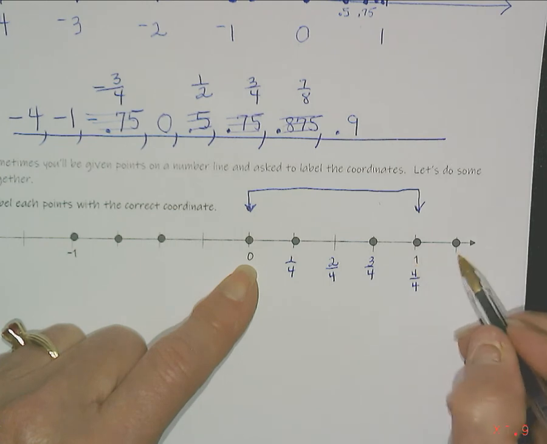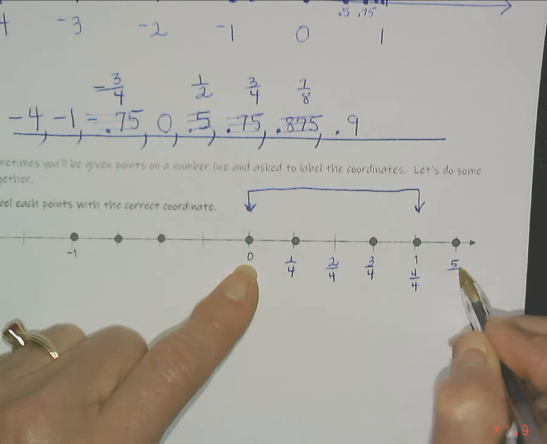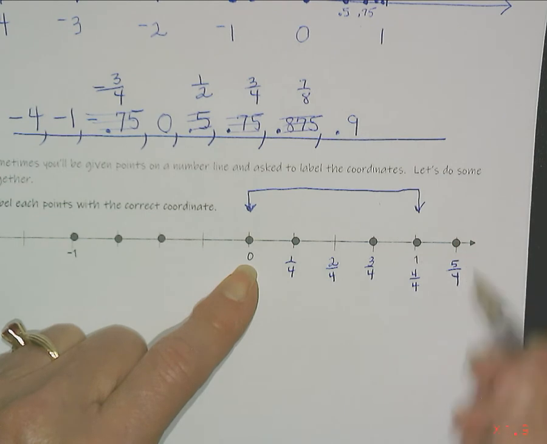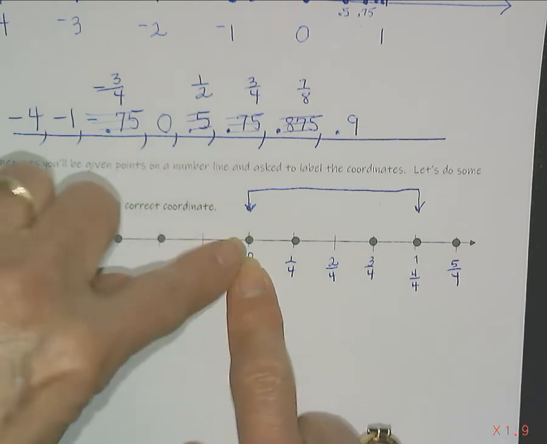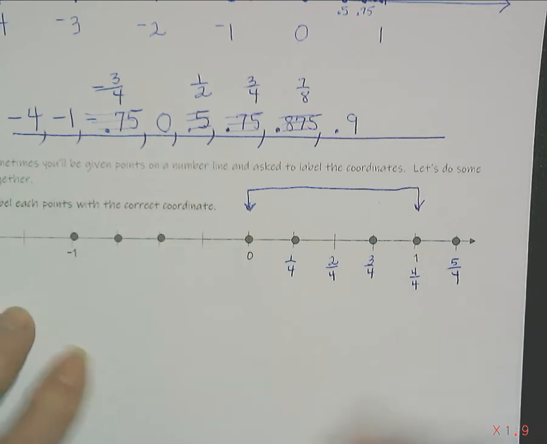And so what's this next one going to be? 5. No, we've already done 4 out of 4. This is 5/4. Now we're going to go from the 0 and step to the left.